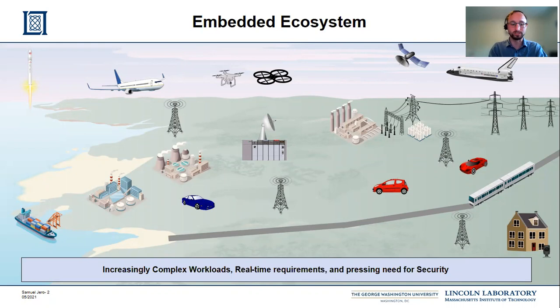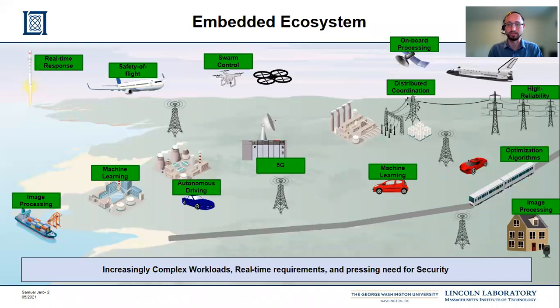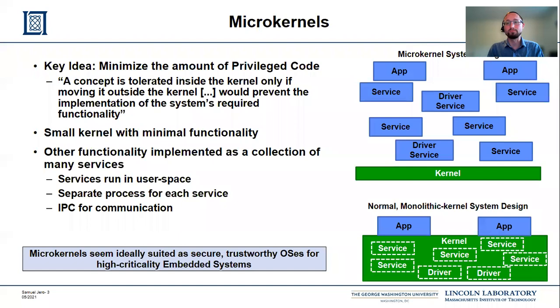But one of the important things to realize is it's not just the number of these devices that is increasing, but that also the tasks they're being asked to do are becoming dramatically more complex, with things like autonomous driving, machine learning, image processing, distributed coordination and control algorithms becoming increasingly popular in these applications. And then, of course, the fact that these devices are controlling actual physical objects, which means there's a pressing need for security.